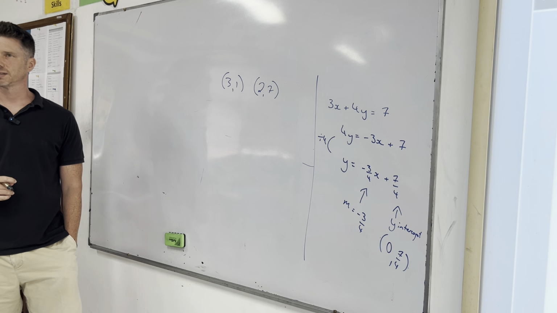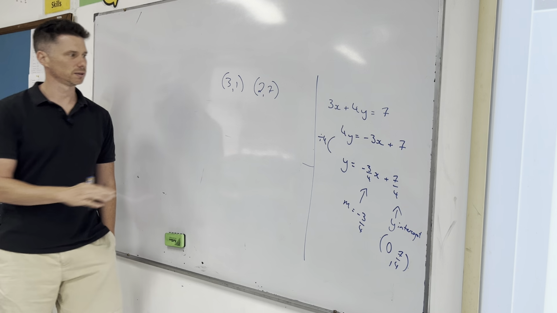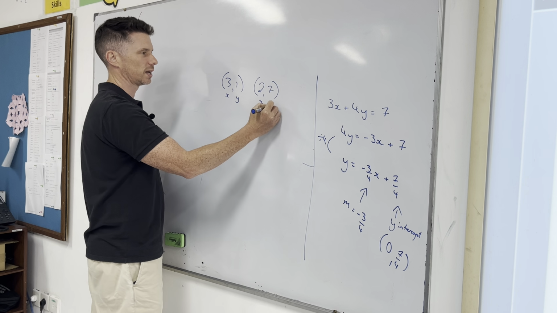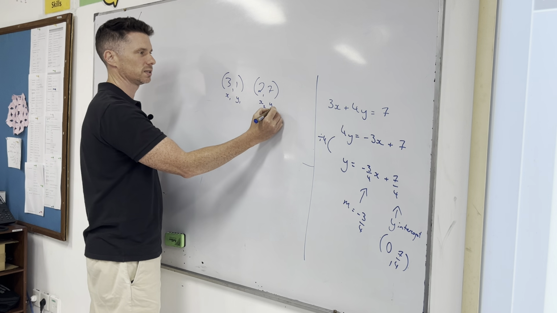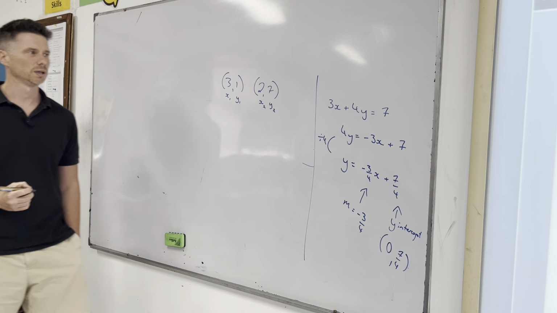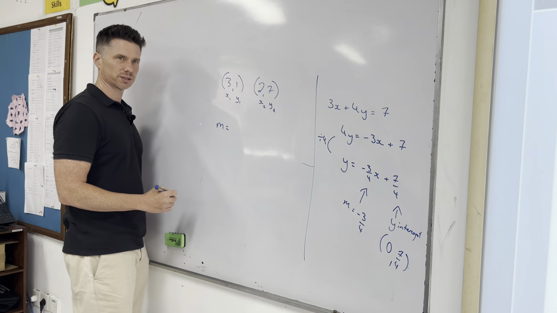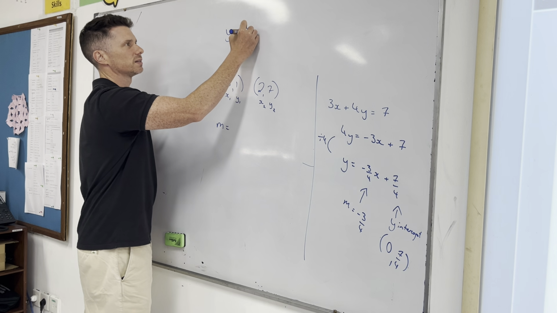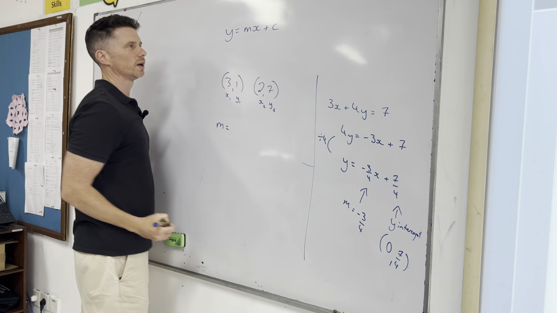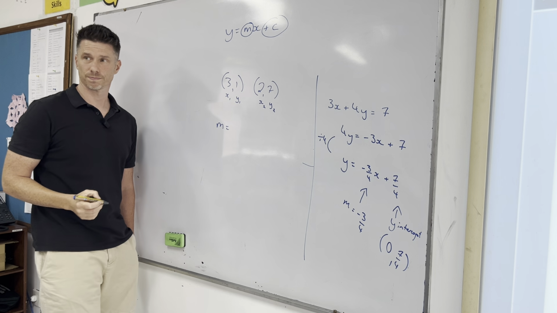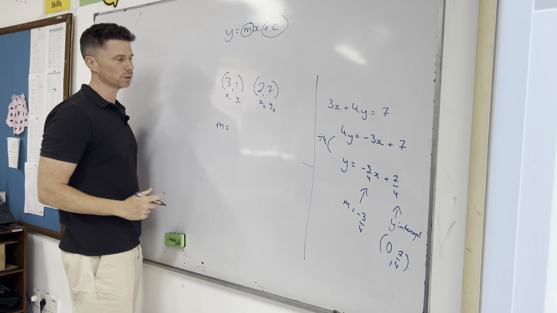What is my method? Okay, you can find the gradient. How do I find the gradient? y2 minus y1. So I label each point x, y. Say this is the first one, this is the second one. I get the gradient first because I'm trying to fill in y equals mx plus c.